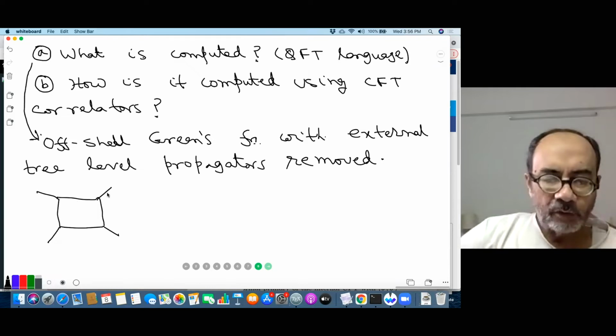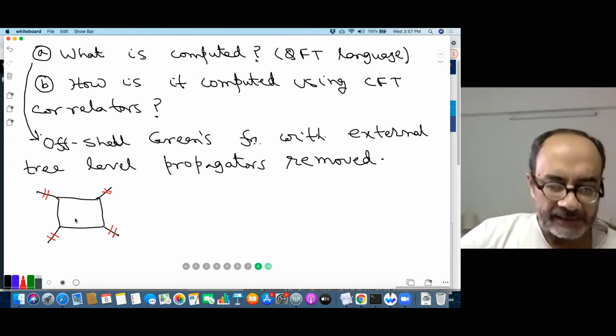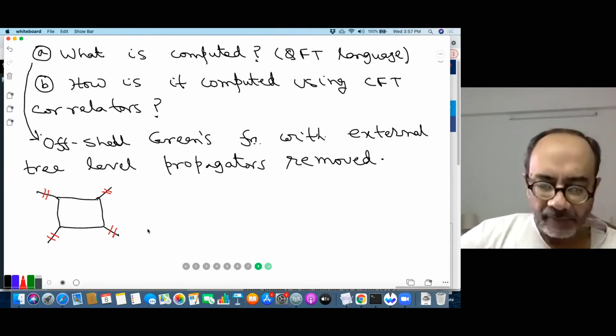So we think of this as a Green's function, not necessarily on-shell external states. And what we will compute in string theory is the quantity where you just remove these 1 over k square plus m square factors from the external lines. Okay, so this is like an amputated Green's function.